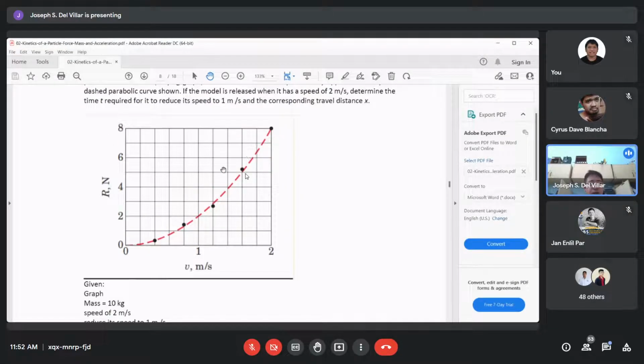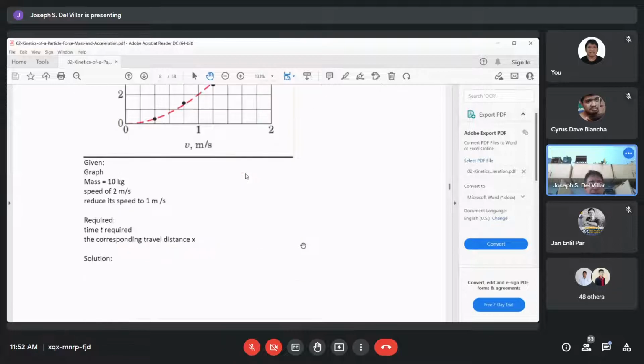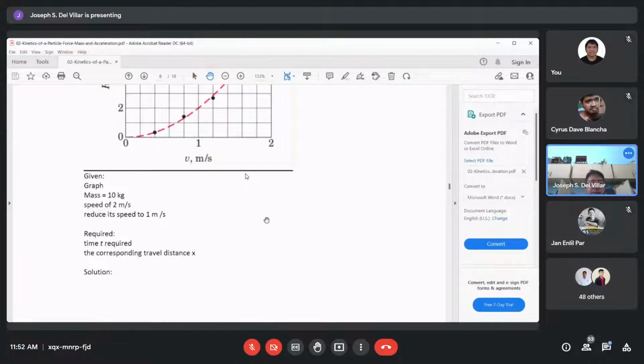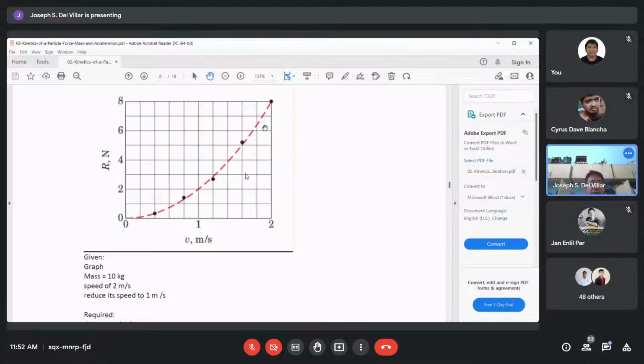Here R is equal to 8. And what does it say here? V is 2 meters per second. Because the points were taken exactly. So this is the exact point: R is 8 and the velocity is 2. So that is where K was derived.